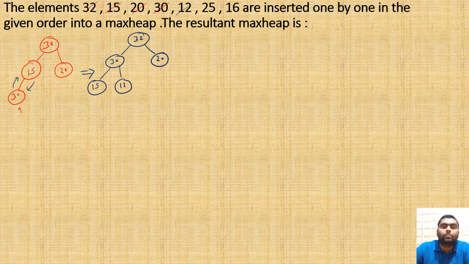After that, 25. As soon as you insert 25, a problem arises at this node, because its parent has a lower value, and the parent should be higher. So these will be interchanged: this will come here and this will go there. So after this step, what will be the resulting tree? This is 32, left side is 30 and the right will be changed to 25, and the left of 25 will be 20.